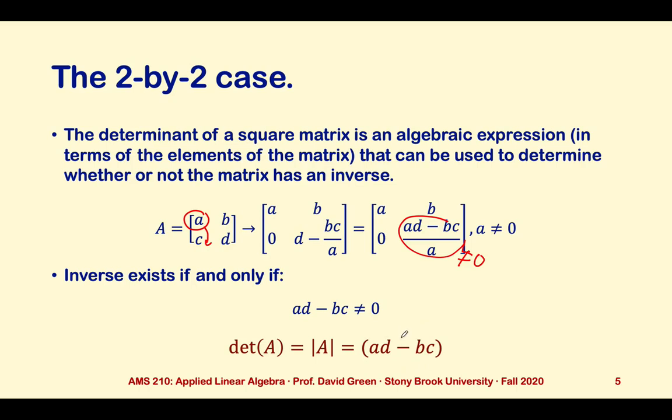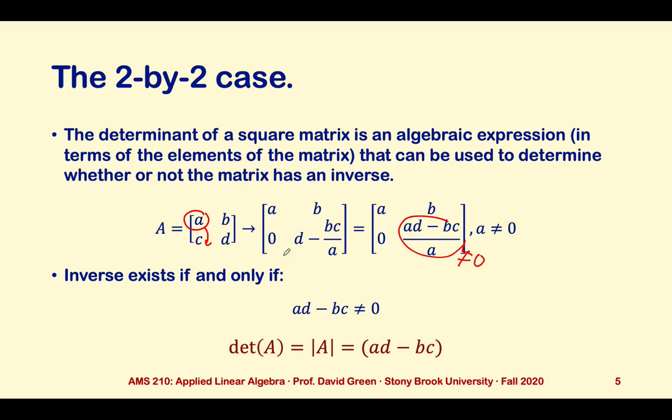If this number is 0, the matrix will be singular. If it is non-zero, it won't be. We had a special case here of A equals 0. It can be shown that this still holds true when we relax that, but I don't want to go through that here.